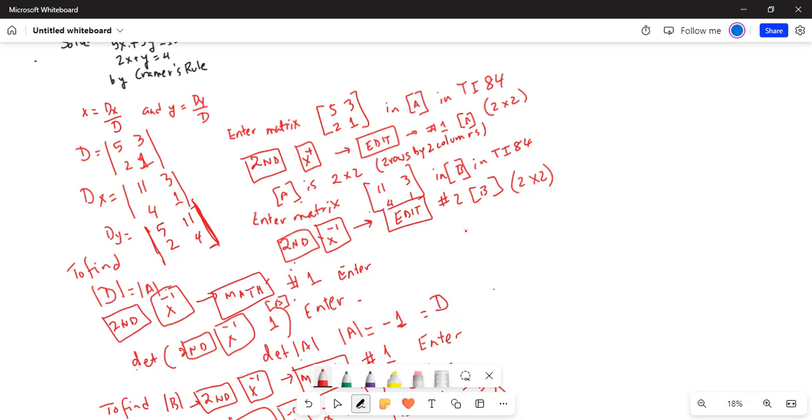In the top row, 2, enter, 2, enter. Then I fill in the components of dy. First row is 5 and 11. Second row is 2 and 4.